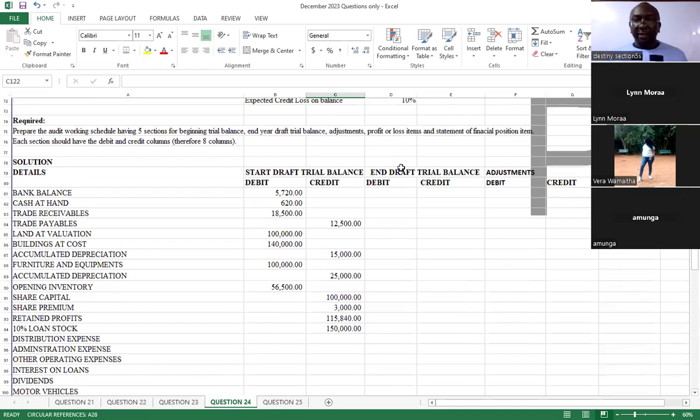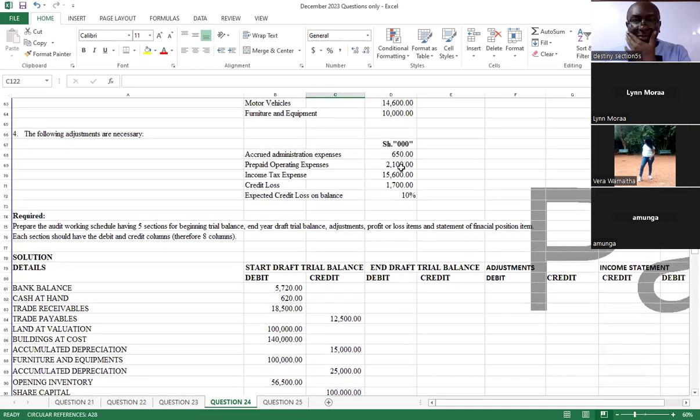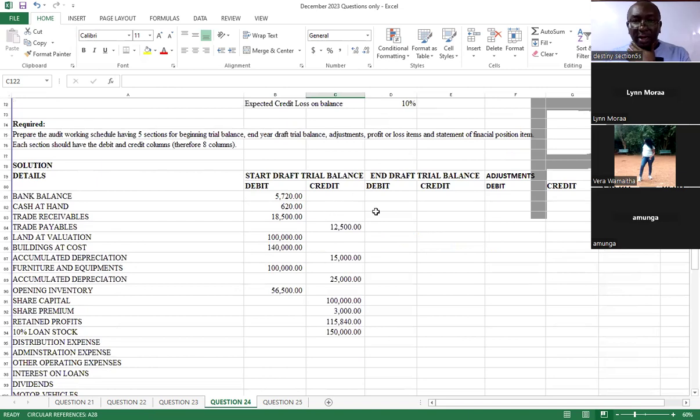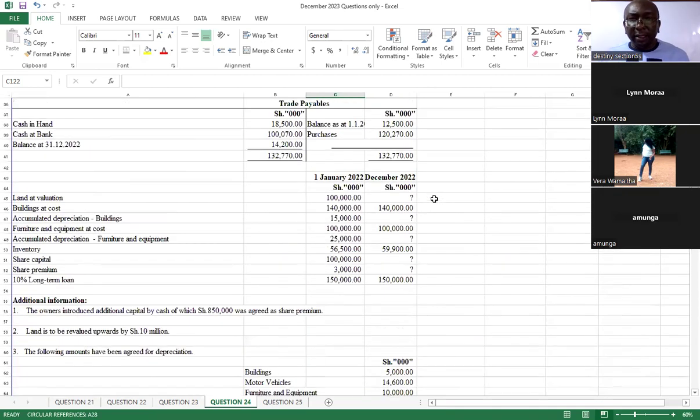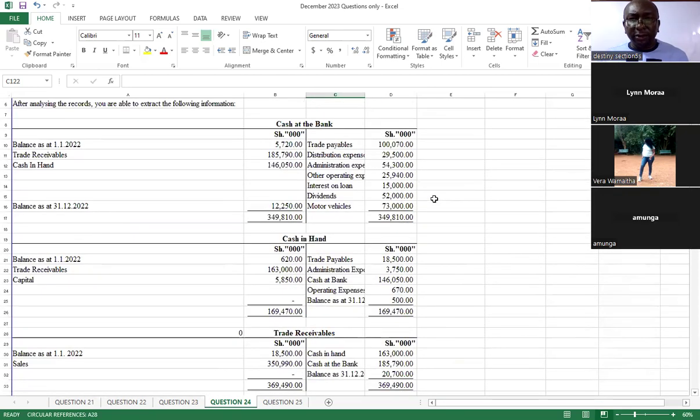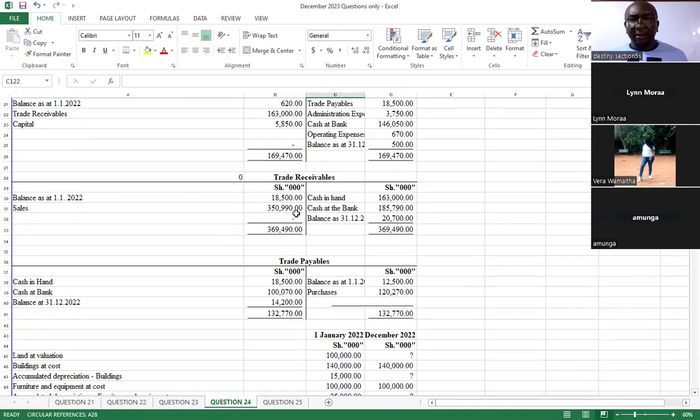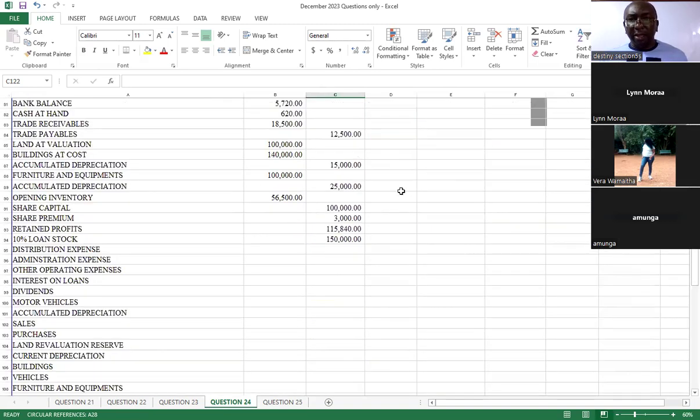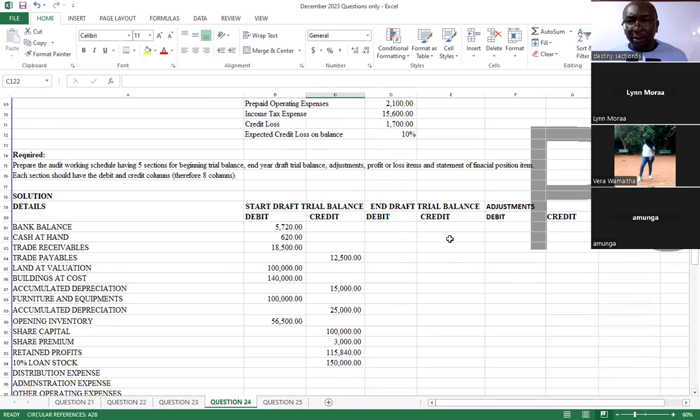Adjusted draft trial balance. So we do the same thing that we did with the opening. So let's go to the bank account, it has this balance. So it is a credit balance. So we come here to the bank account on this side, and we must be very careful.